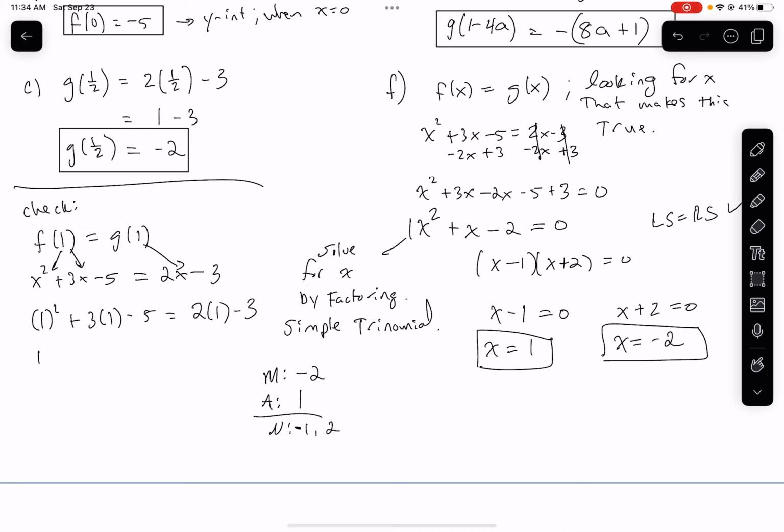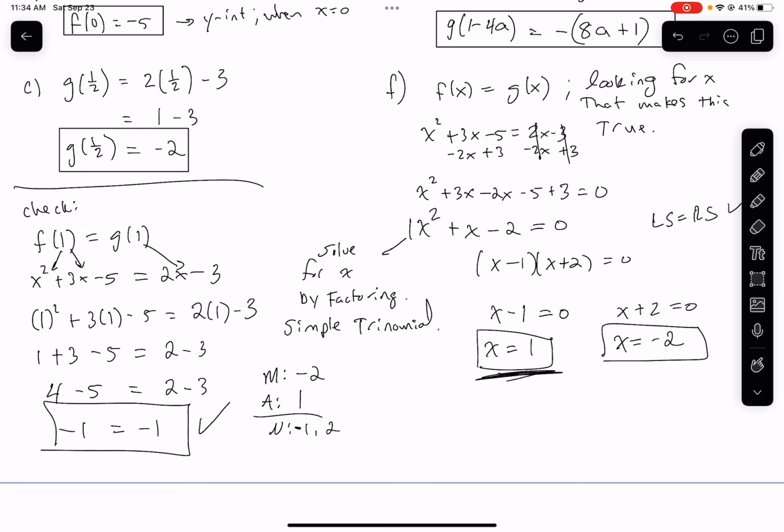We get 1 plus 3 minus 5 equals 2 minus 3, so 4 minus 5 equals 2 minus 3, and negative 1 equals negative 1. So our check works out. When x equals 1, the outputs of the functions are equal to one another. If we did the same thing with negative 2, we would see the same thing happen. Okay, so that's that.